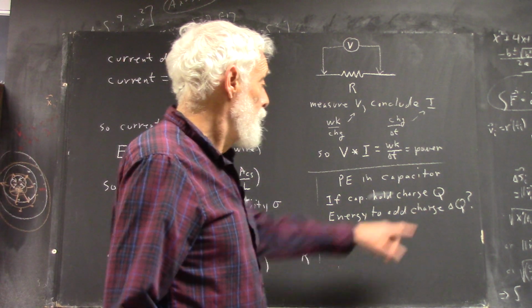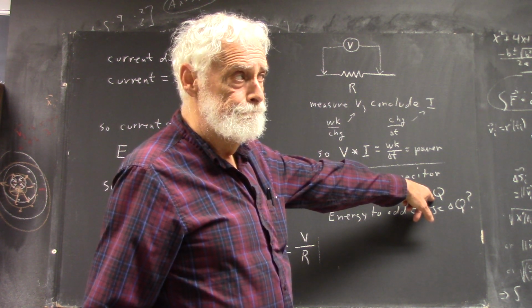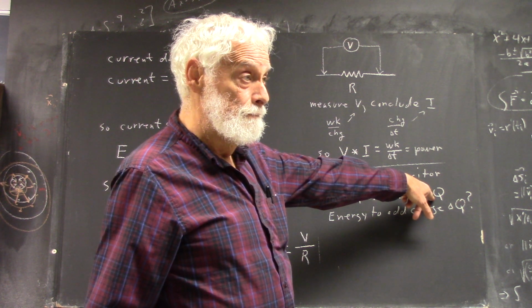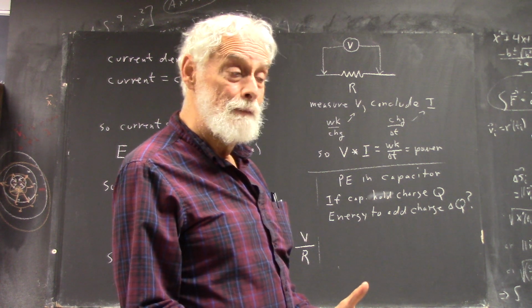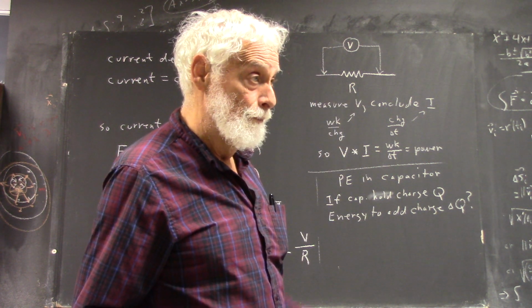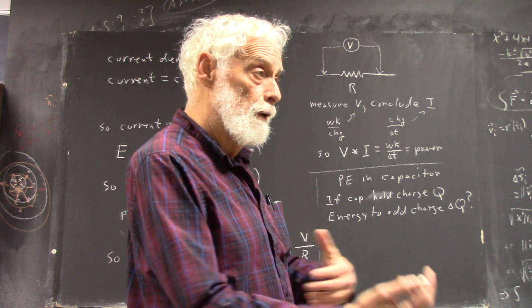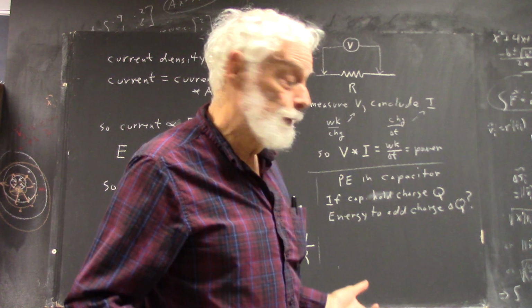Well, if you know the charge on the capacitor, you've got to know something about the capacitor, right? The area? Maybe you know the area and the separation. And if there's a dielectric in there, what the dielectric constant is, right? And from that, you can figure out the ratio of charge to voltage. Well, that's called the capacitance.